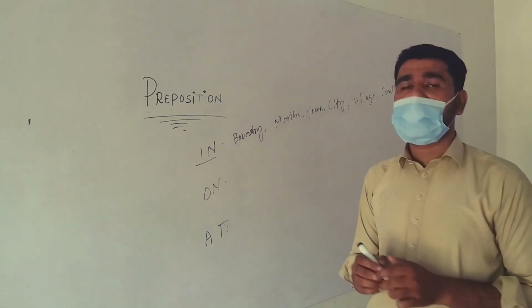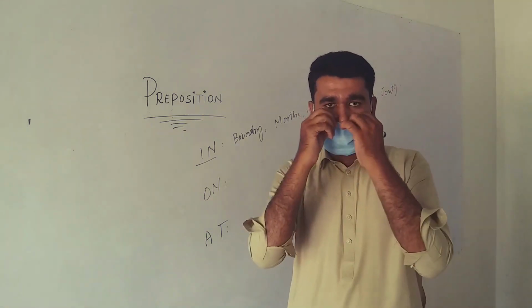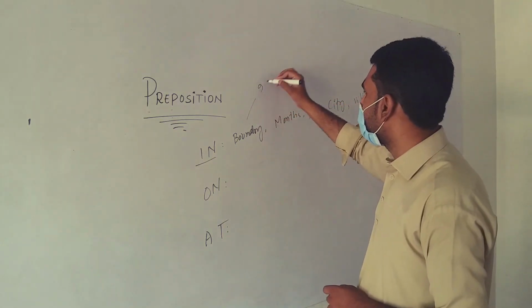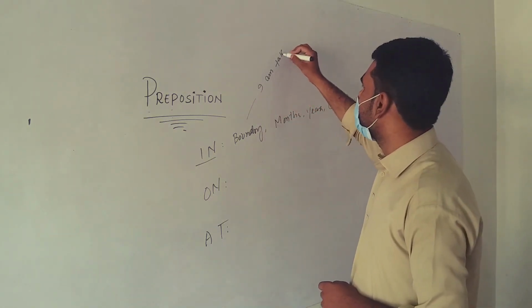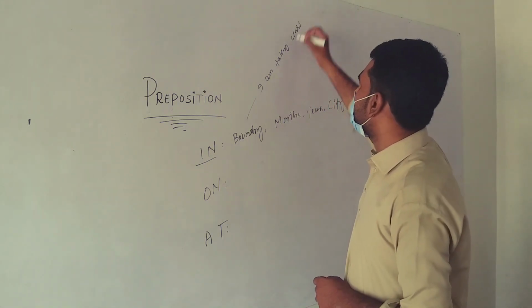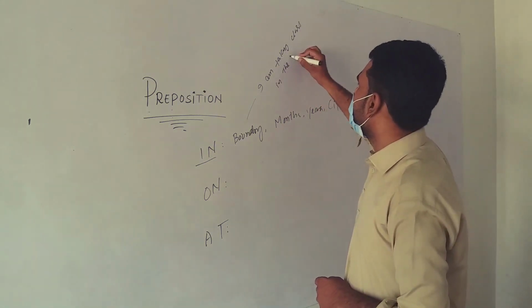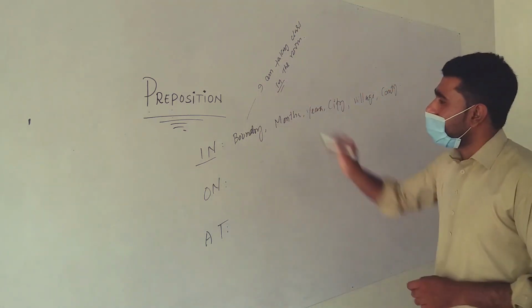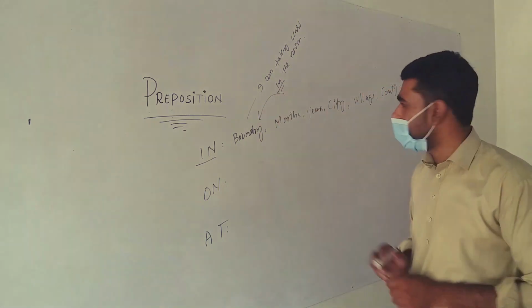I'm teaching and I'm taking class here in the room or in the classroom. So I would say I am taking class in the room. So here I use in for boundary.